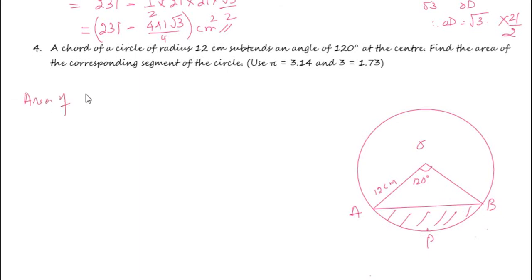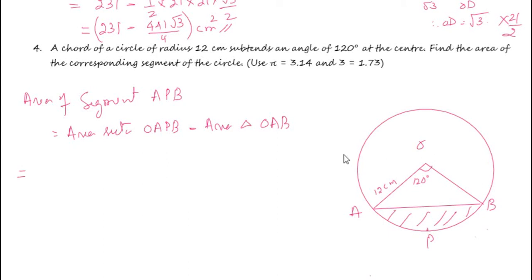Area of segment APB is equal to area sector OAPB minus area triangle OAB.